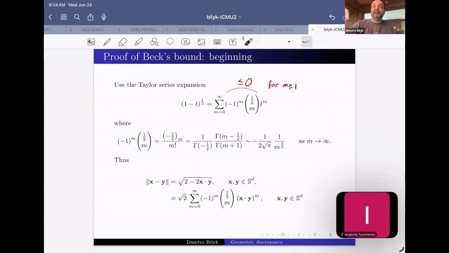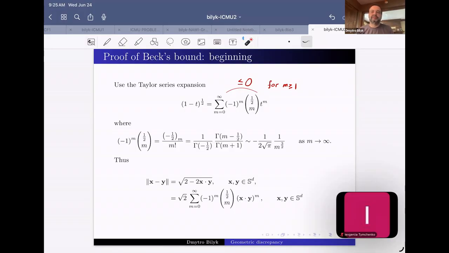One very nice thing about this function is that if you write the Taylor expansion, it has non-positive coefficients for all m starting from 1. Of course, the zero order coefficient is positive, but the zero order coefficient will not matter for us.